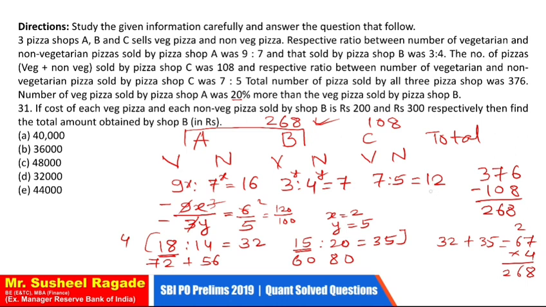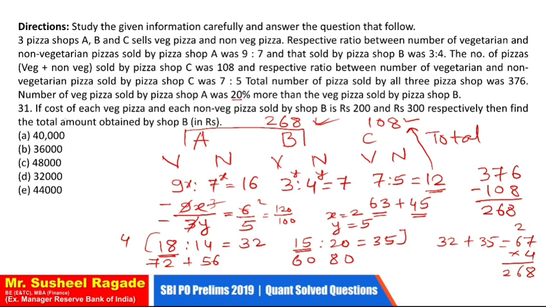And now this total is 12, so 12 into 9 is 108. So that's why it is 63, and we multiply by 9 to get 45. So 63 plus 45 is equal to 108.